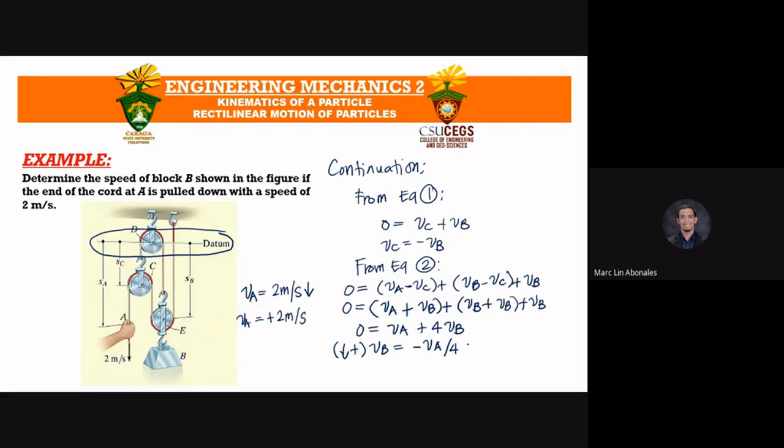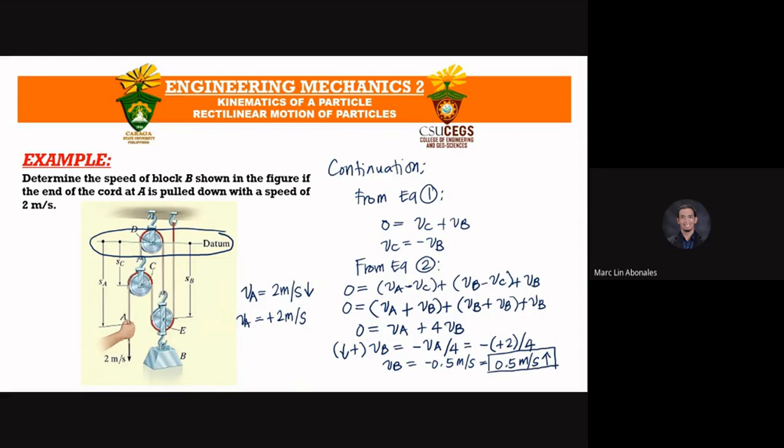So what happens here, this will be negative 2 over 4. So your VB is equal to negative 0.5 meters per second. And since it is negative, the velocity of block B is 0.5 meters per second upward. So that is the answer for your velocity of block B.